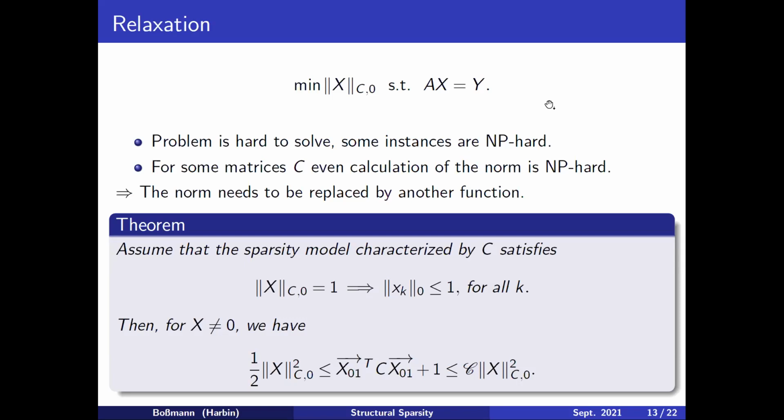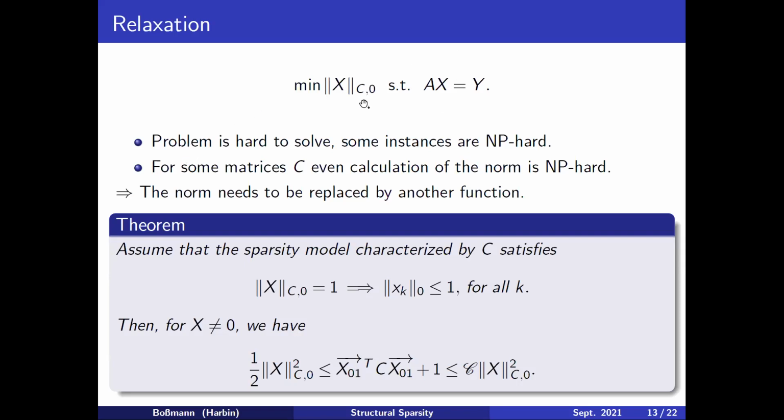So the problem we would like to solve is this one here. We want to minimize in our C0 norm, so this is the norm now defined by our matrix C, such that AX equals Y. Or in the noisy case, we will see this later on, you will have plus the Frobenius norm here.